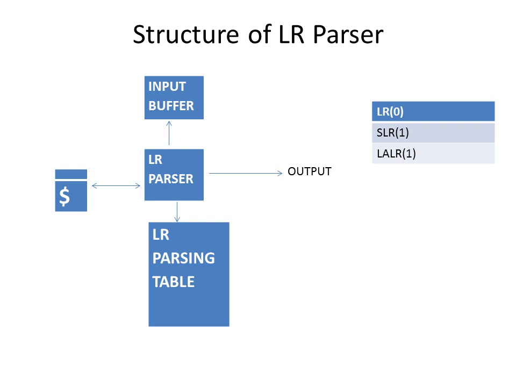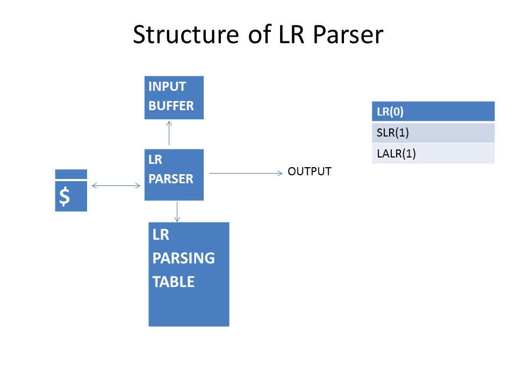For example, if you use SLR parser, the SLR parsing table will be used in this place. If you use LALR parser, instead of this LR parsing table, the LALR parsing table will be used. That is the difference in the structure of the LR parser.